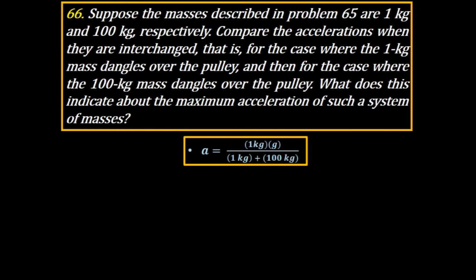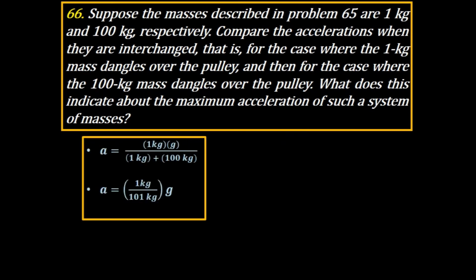Okay, so that's the first one, where the 1 kilogram mass is hanging over the end. It would be 10 over 101, and then 100 over 101. So that's the first one, where the 1 kilogram one is hanging off the side.